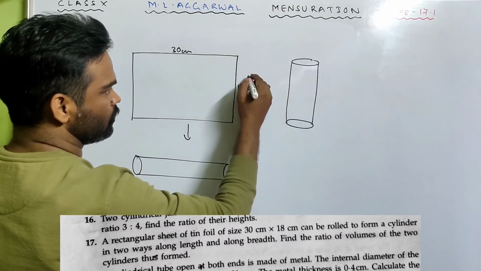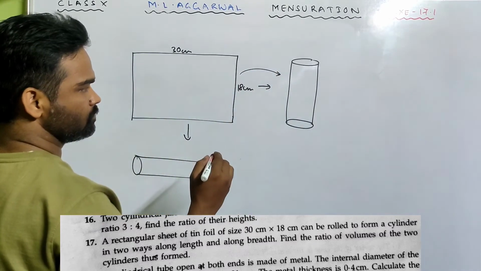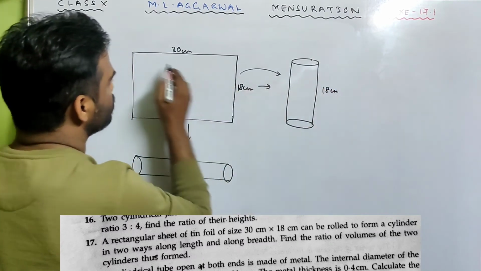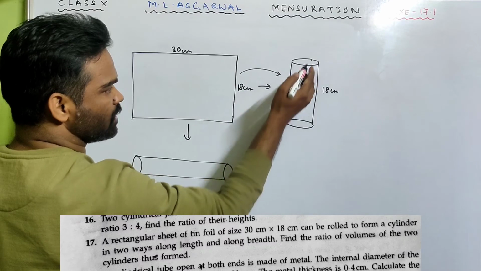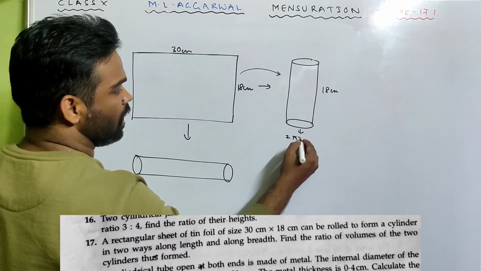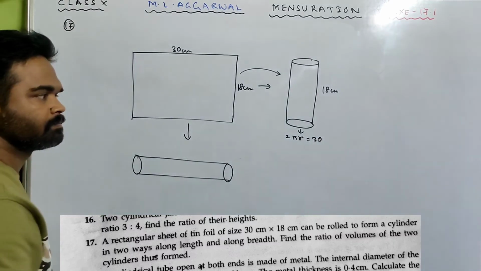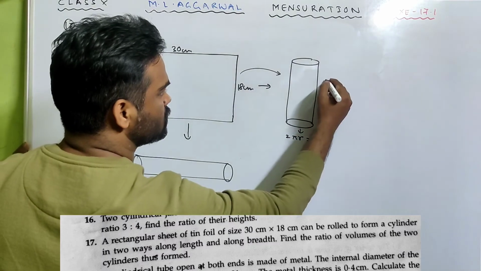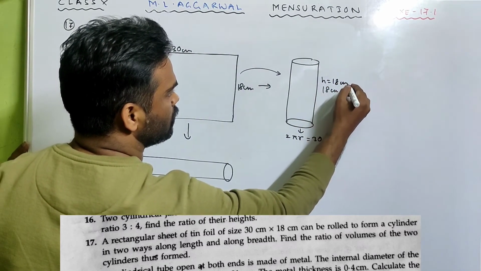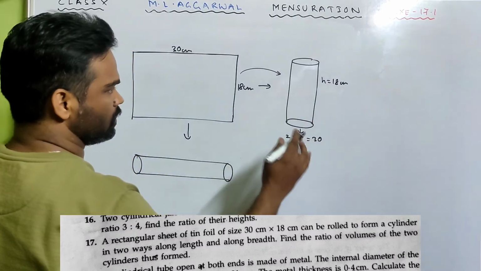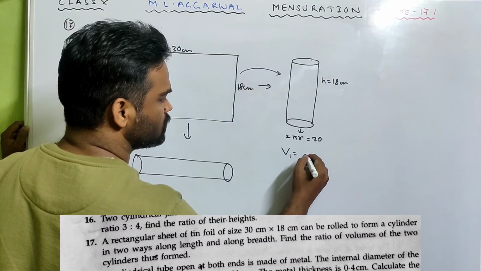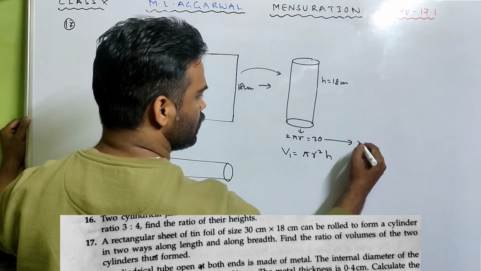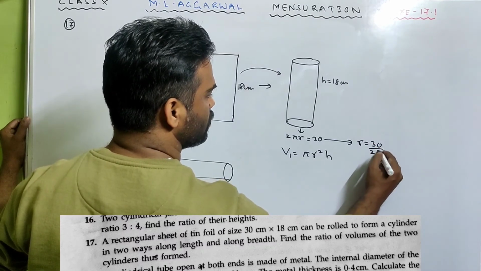Now look over here. For this cylinder, when it is rolled lengthwise, the height of the cylinder is 18 centimeter, and this portion becomes the circumference, which means 2 pi r is 30. So height is 18 and 2 pi r is 30. So what will be volume? V1 is pi r square h. From here I get r as 30 by 2 pi.